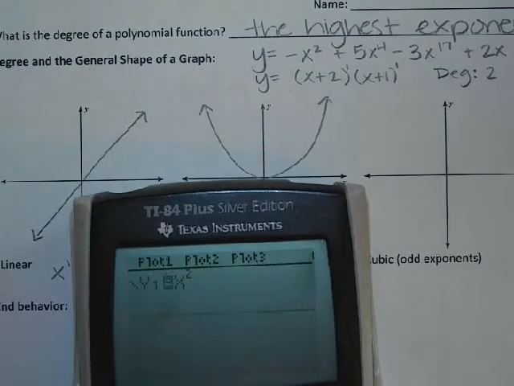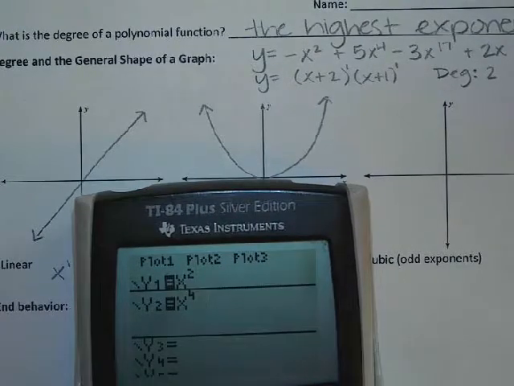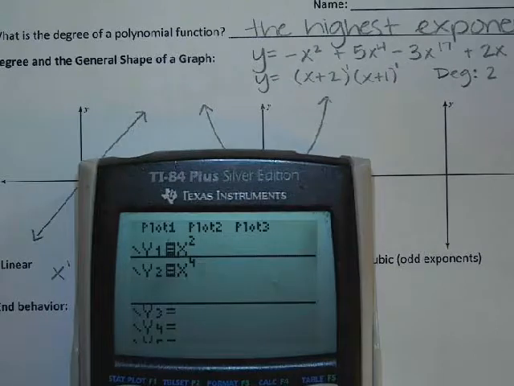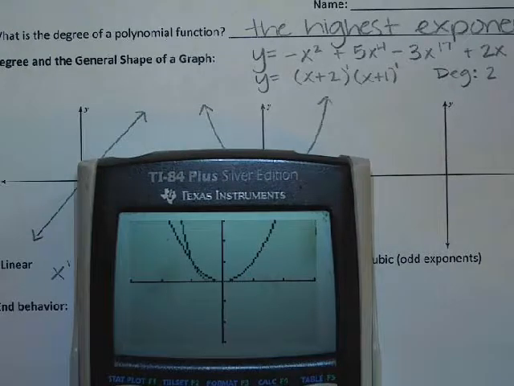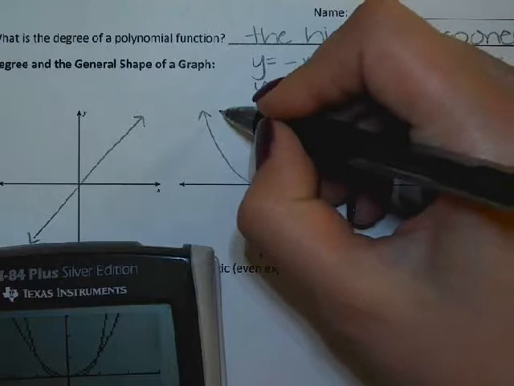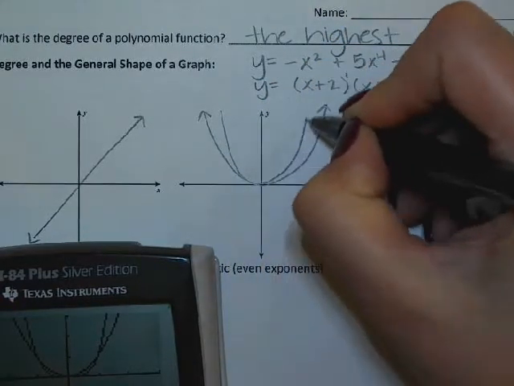All right, and then if I do x to the 4th, anyone know what an x to the 4th graph looks like? It's the same, it just grows faster, so it looks a little skinnier. Okay, so let's go ahead and draw that. Looks like this.